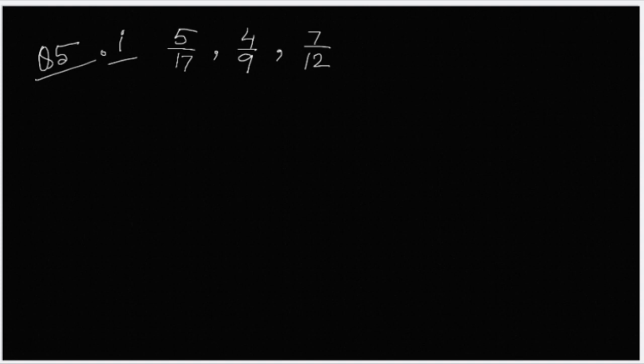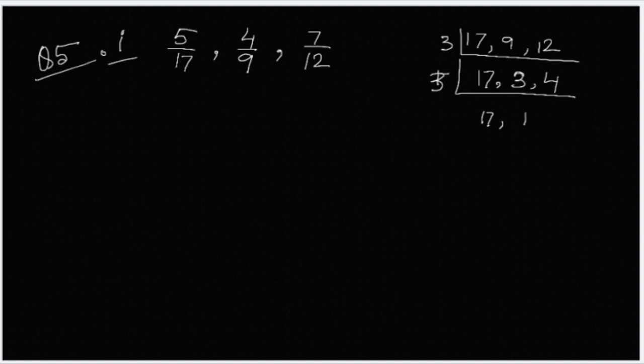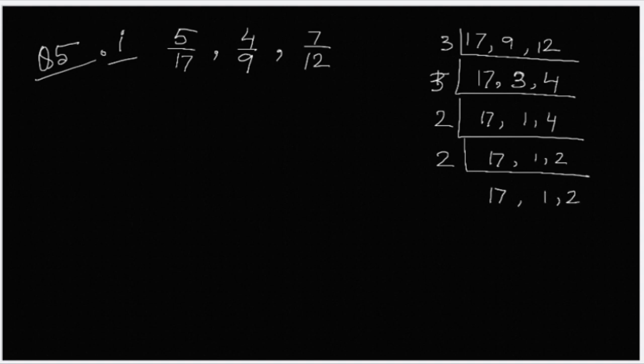So we have to find out the LCM of the denominators, 17, 9 and 12. See, 17 is a prime number that will go till the end, so the rest we can do. Again 3, 3s are 9, then we'll take a 2, again a 2, and then a 17, right?